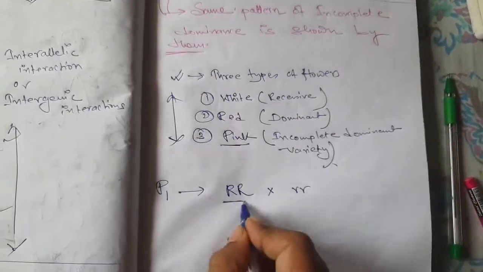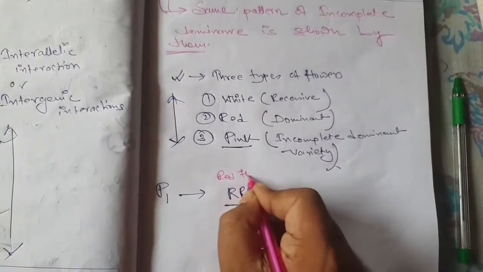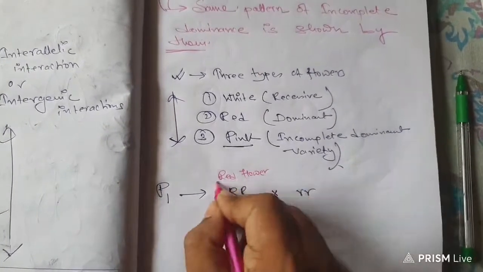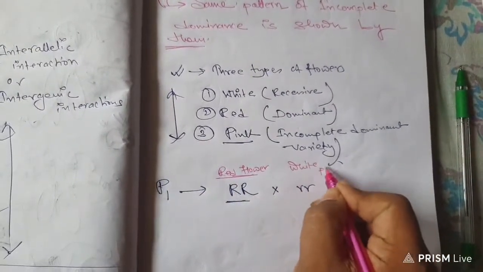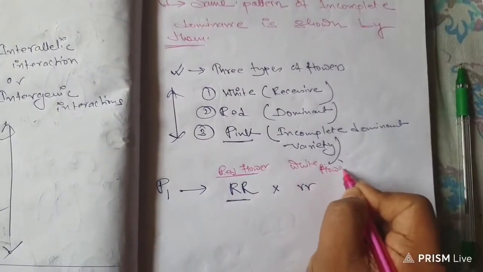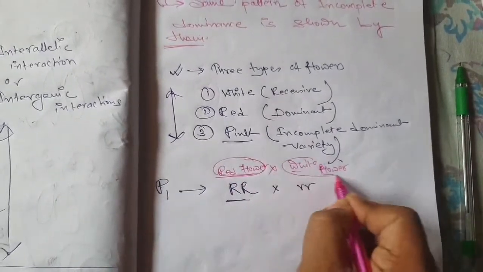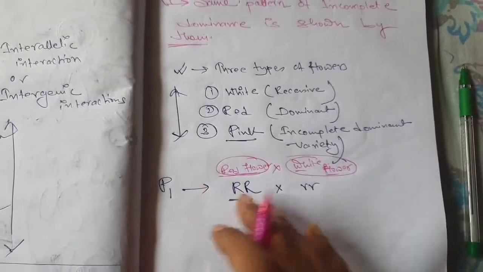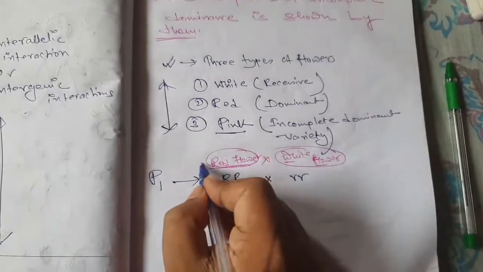So this is a red flower showing plant. This will show red flower, and this will show white flower. The red flower is crossed with the white flower, which is the parental generation.